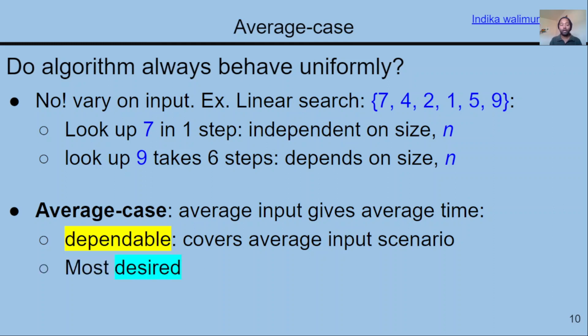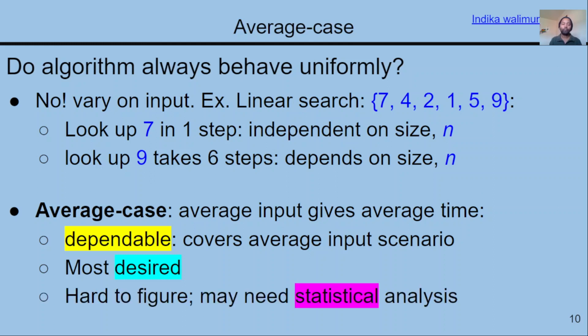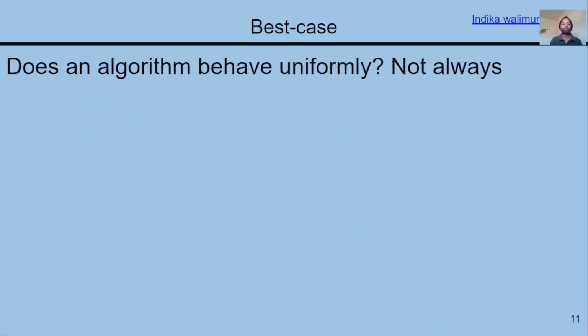In that regard, it is the most desired analysis, but it's hard to figure out. You need to consider multiple input scenarios to get the average, so it may even need a statistical analysis.